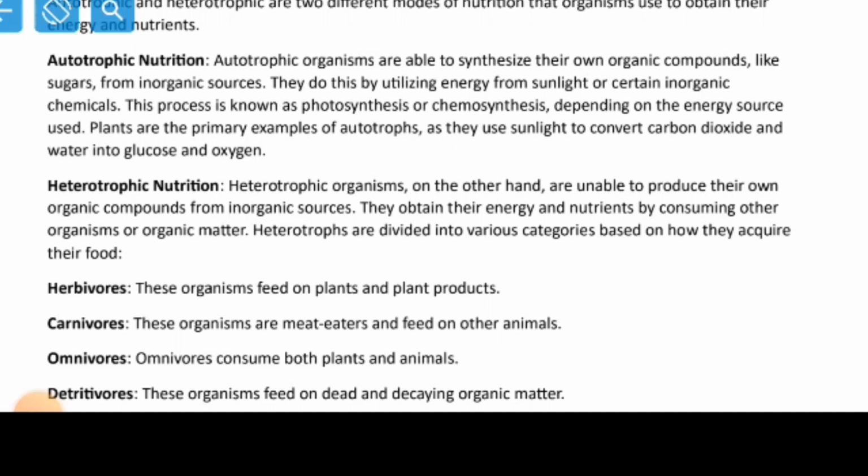Photosynthesis is the best example of the autotrophic mode of nutrition. Here, plants take in raw materials like carbon dioxide and water from the atmosphere, and in the presence of chlorophyll and sunlight, they release oxygen and make glucose and water.